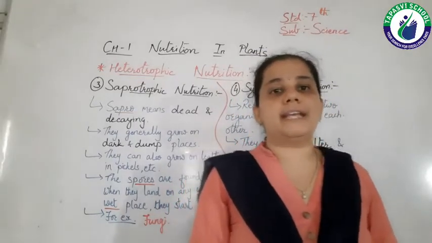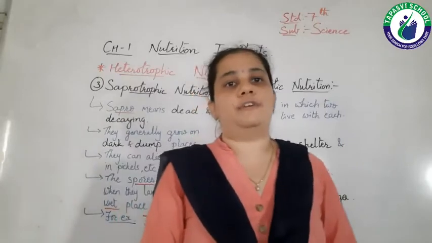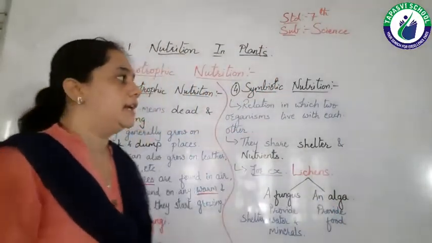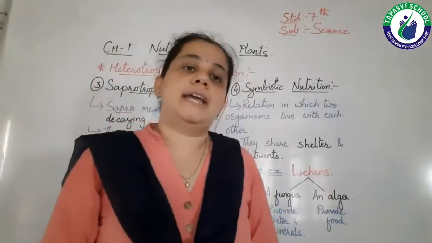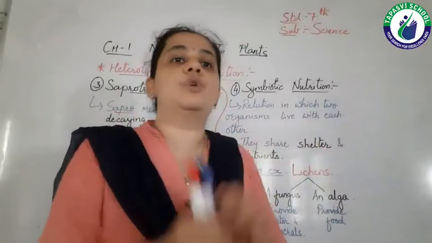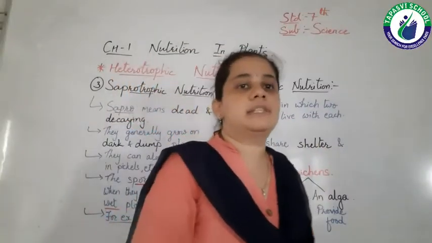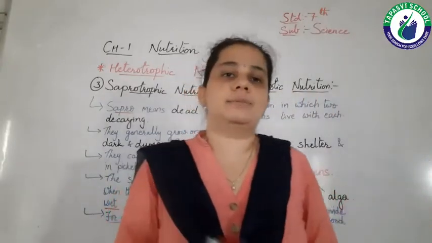Now the next type of heterotrophic nutrition is symbiotic nutrition. So here symbiotic means what? There is a relation between two organisms. Two organisms live with each other, and they share something.